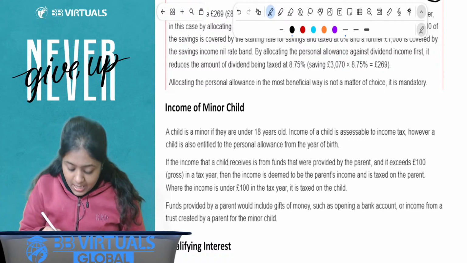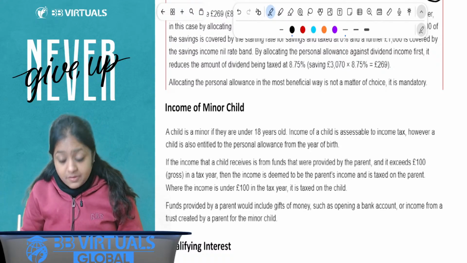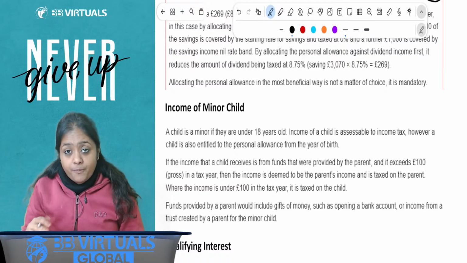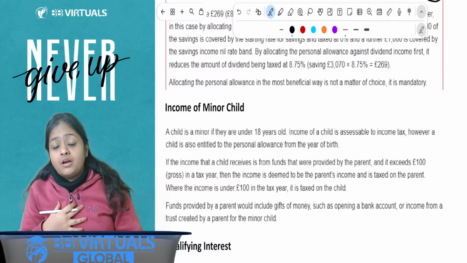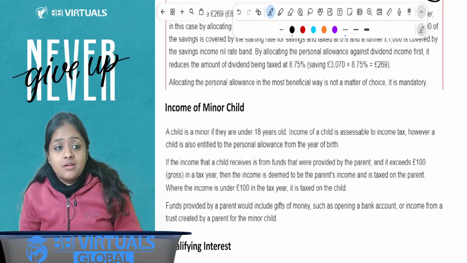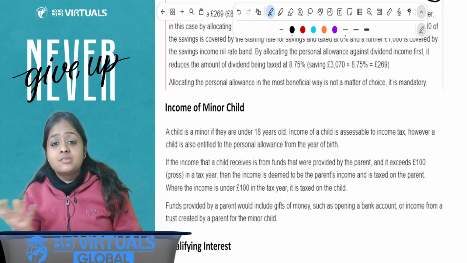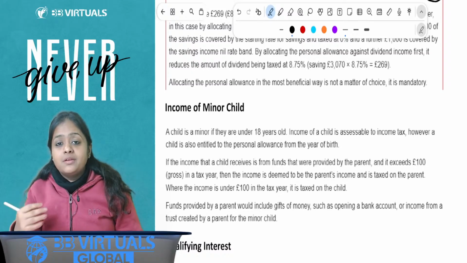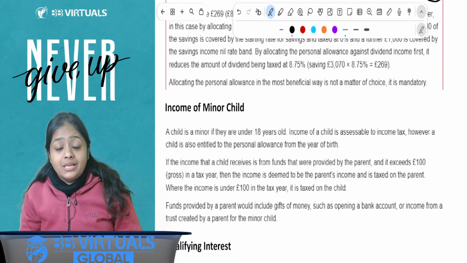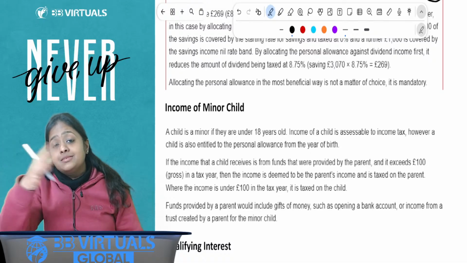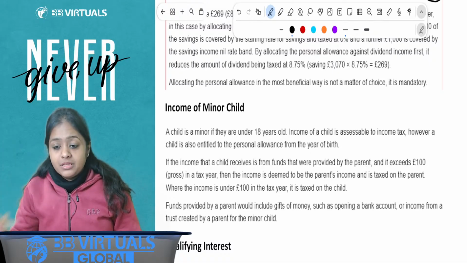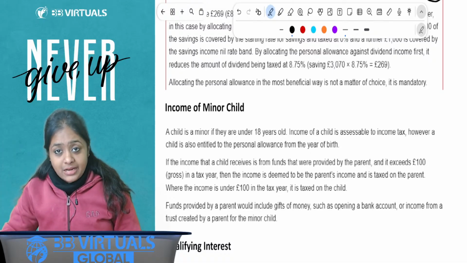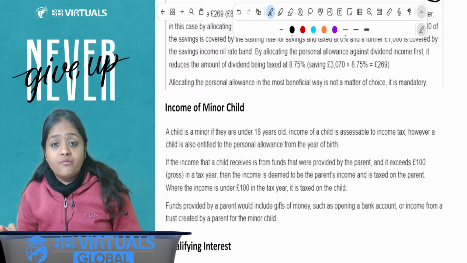Look here, let's say the parents have opened a trust and from that trust he is receiving income, or the parents have deposited the money for the child in FD and from FD he is receiving interest. So he is receiving income from a fund, right? Even though he is not earning on his own, he is still receiving income from a fund.